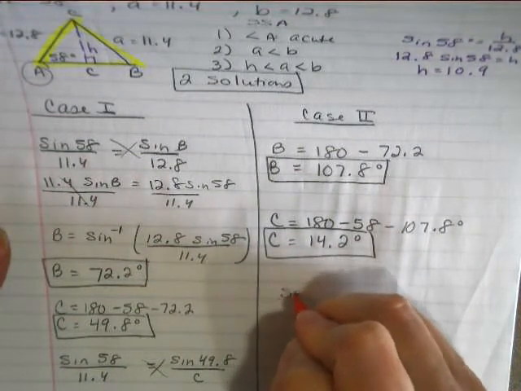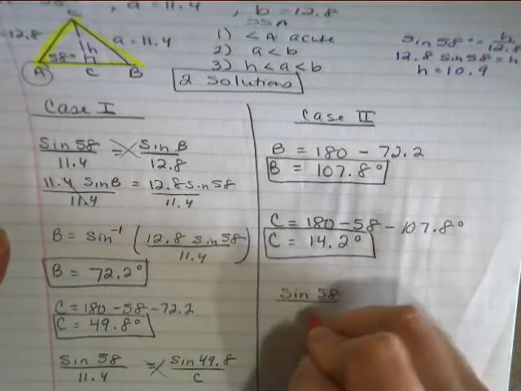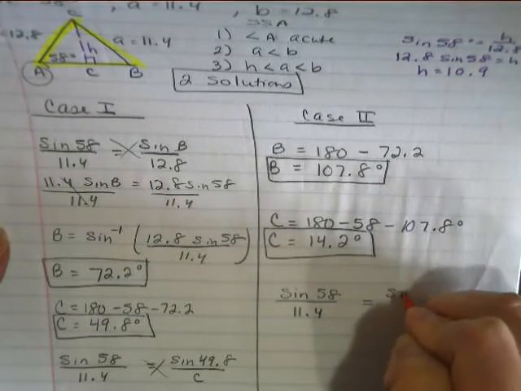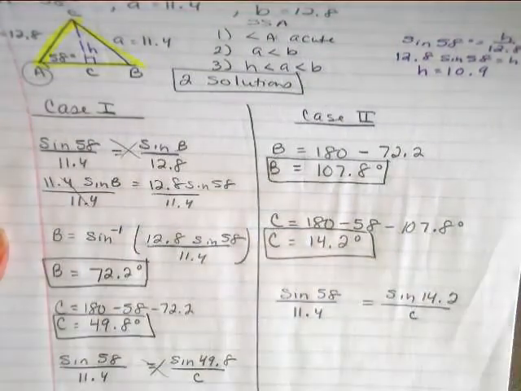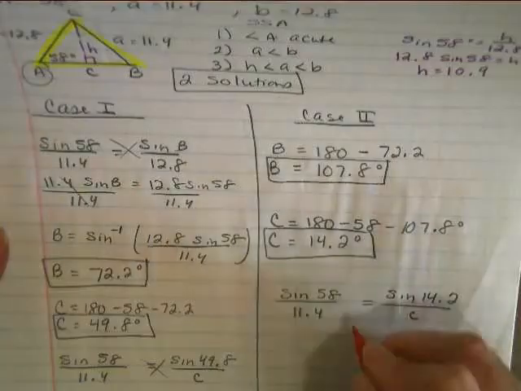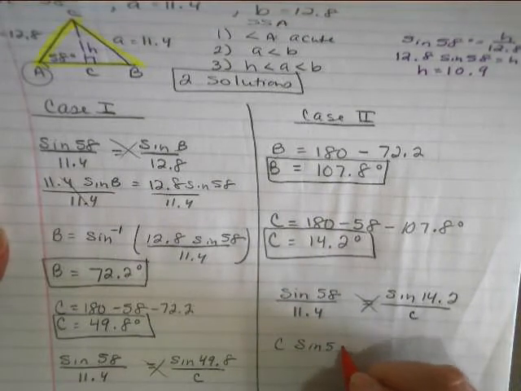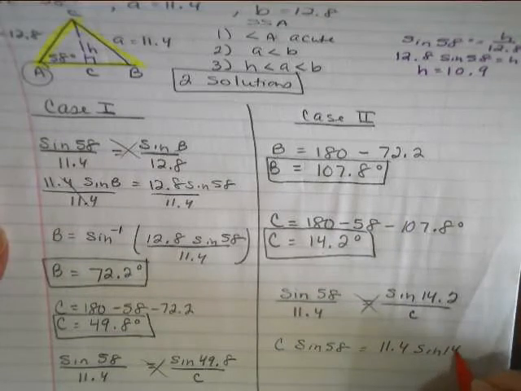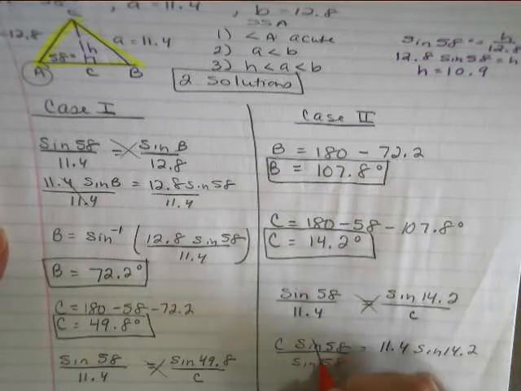Now, if angle C is 14.2 degrees, let's figure out what side C is going to be. So I'm going to use the law of sines again, and I'm going to use angle A again. Sine of 58 degrees over 11.4 is going to equal the sine of 14.2 degrees all over side C. Cross multiply: C times the sine of 58 equals 11.4 times the sine of 14.2. Divide both sides by the sine of 58.